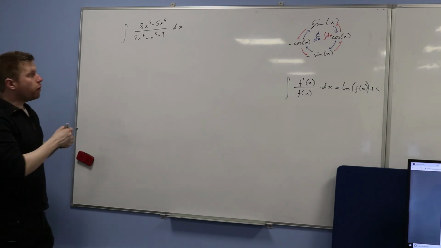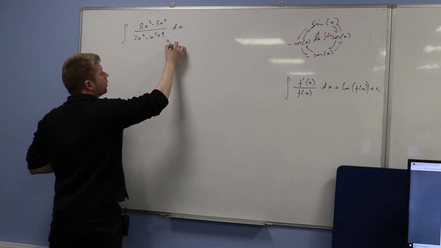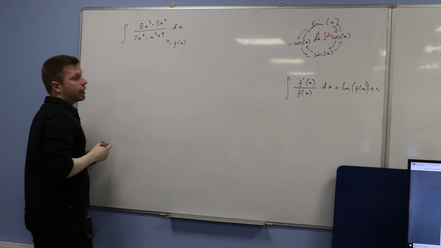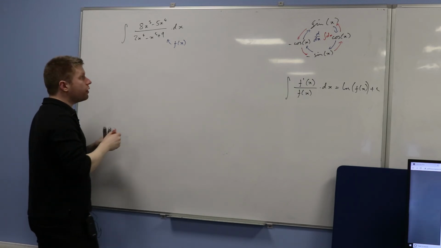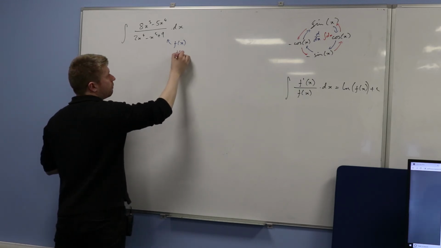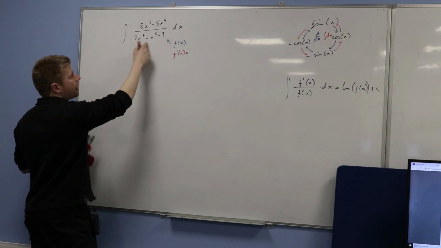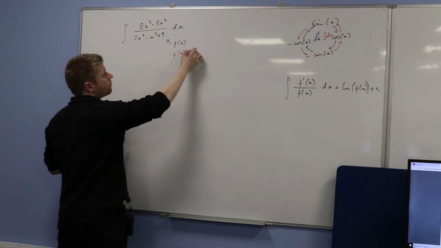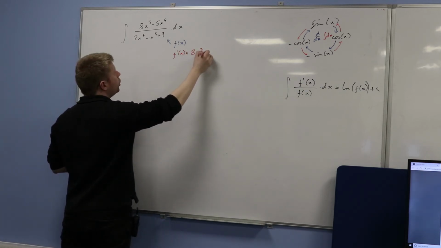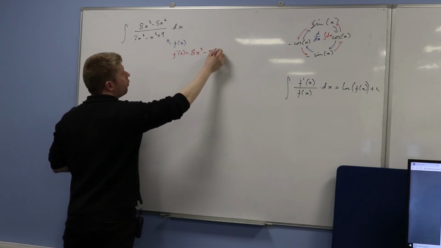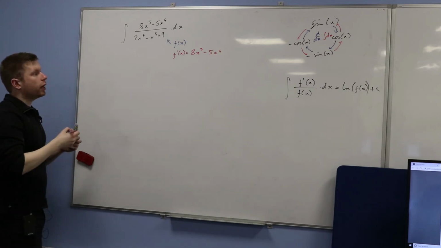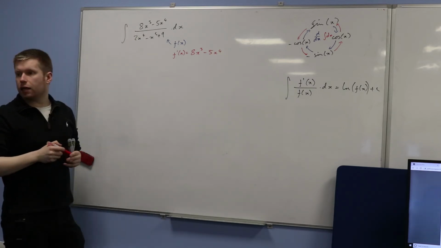Okay? At the moment, I'm saying that my function, my f of x, is that denominator. Now, what should the derivative of that function be? If I just differentiate that, what do I get? 8x cubed minus 5x to the power 4, yeah? Plus 0, okay? Now, is that the same as that?